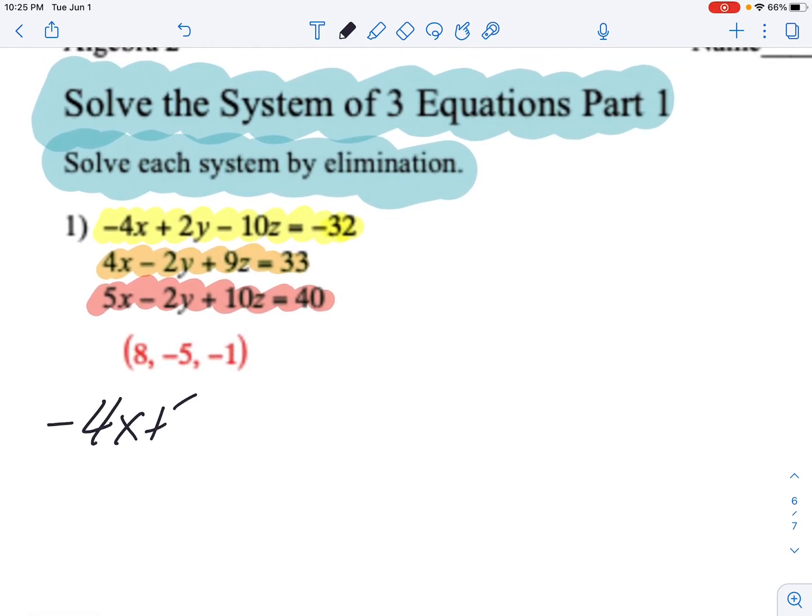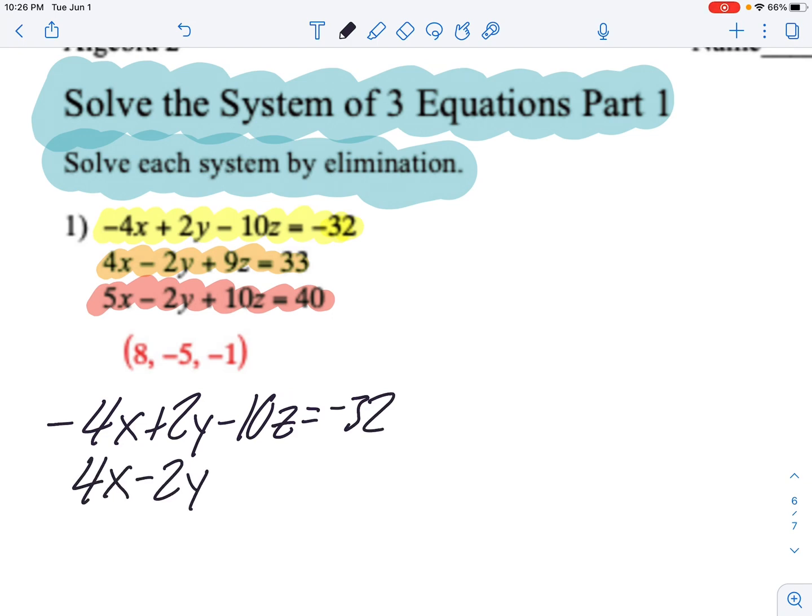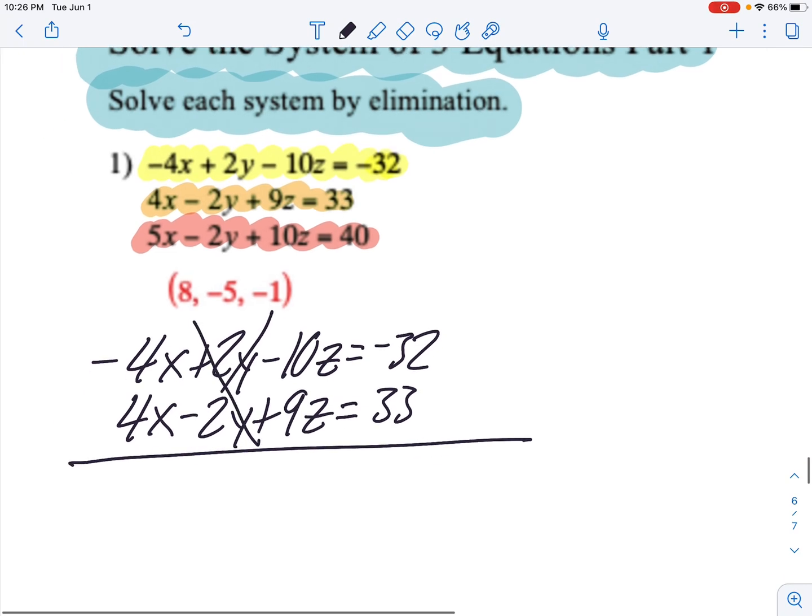Negative 4x plus 2y minus 10z is equal to negative 32. That's yellow. And now orange is 4x minus 2y plus 9z is equal to 33. Now what's great about this is, look, those cancel out. And in this case, this also cancels out. Negative 4x and positive 4x.